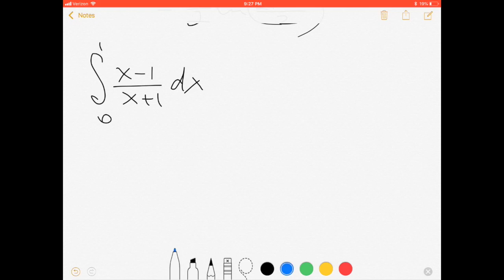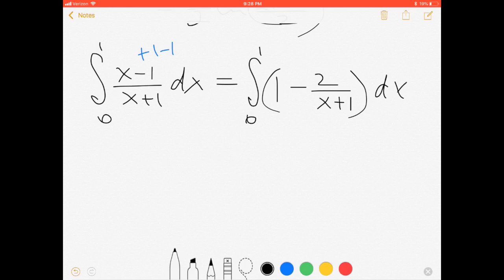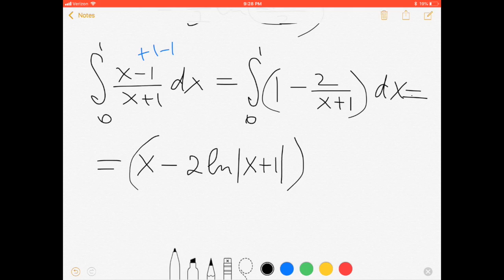Well, here, because we have a very good coefficient, I add 1 and subtract 1, and I have finally the integral from 0 to 1 of 1 minus 2 over x plus 1 dx, which equals x minus twice natural log of x plus 1, from 0 to 1.